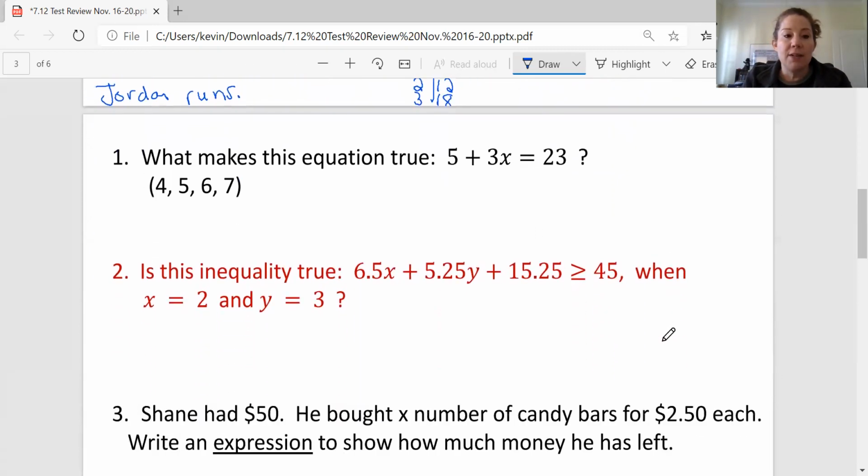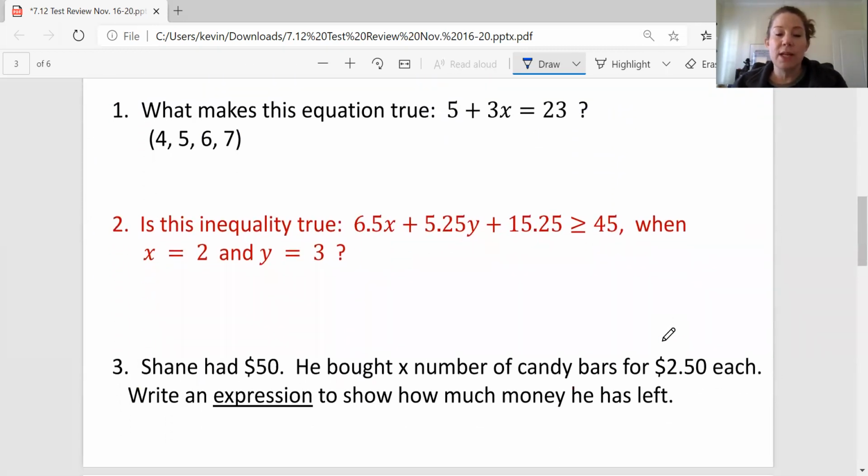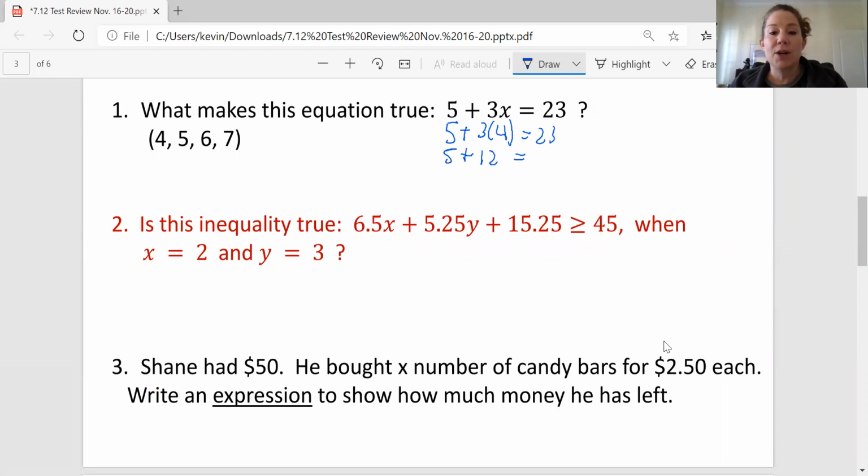All right, number 1 on the next section, what makes this equation true? We're going to plug in each of these values until we find the right answer. So what if x is 4? 3 times 4 is 12, and is 12 plus 5 equal to 23?